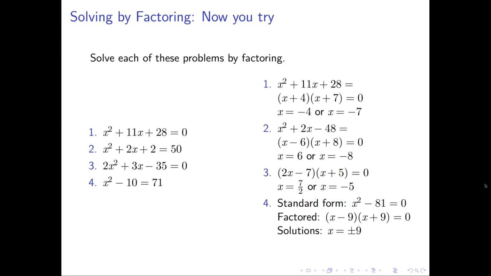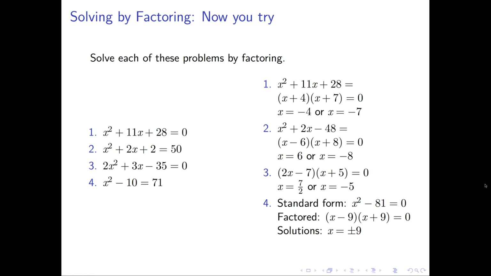And there they are. The first one can be factored into x plus 4 times x plus 7 equals 0. And the solutions are x equals negative 4 or x equals negative 7. For the second one, you need to subtract 50 from each side before factoring.